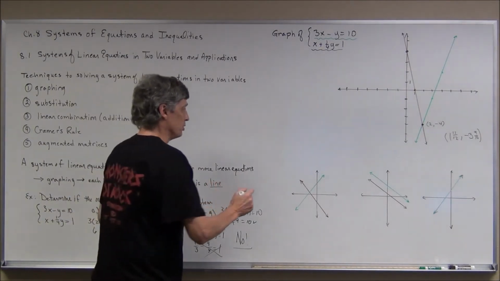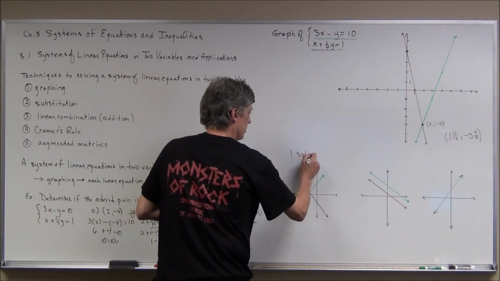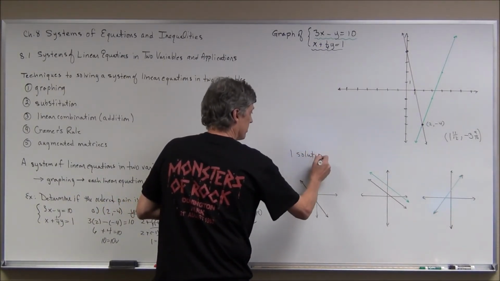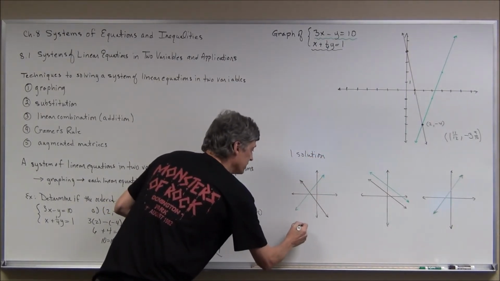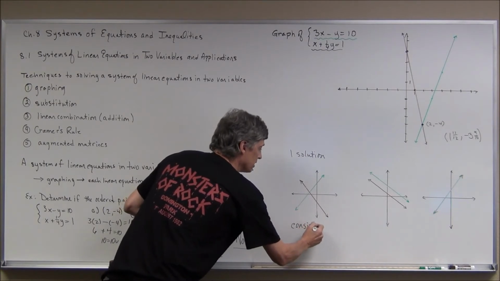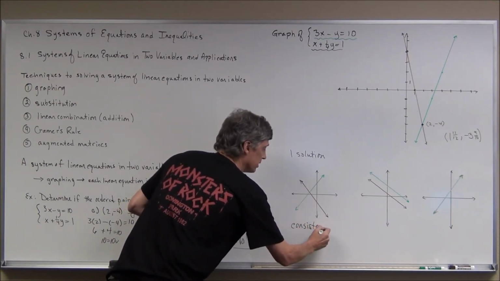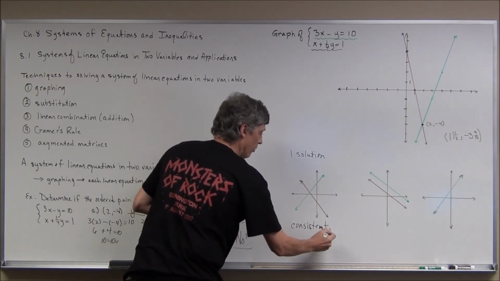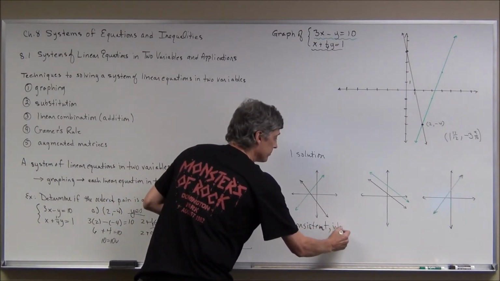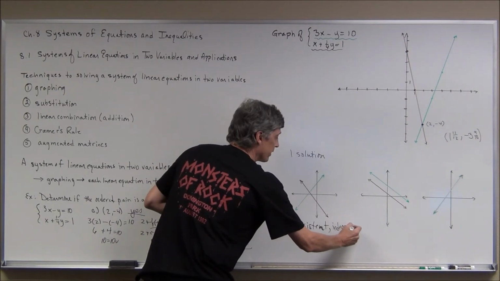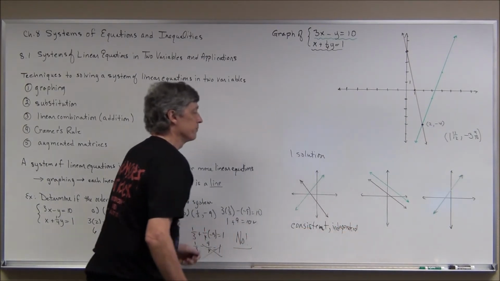When that's the case, there's one solution, like I had here, and we classify this as a consistent system, and we normally refer to it as being independent.